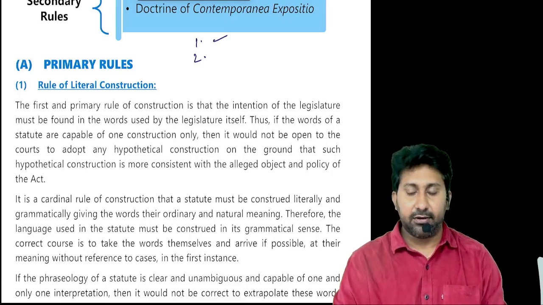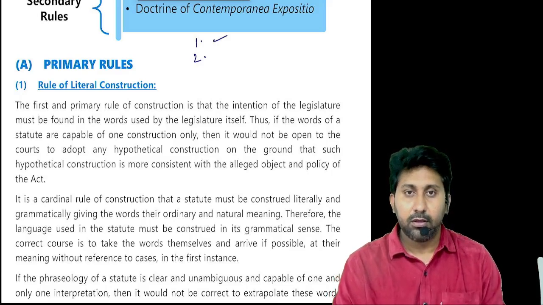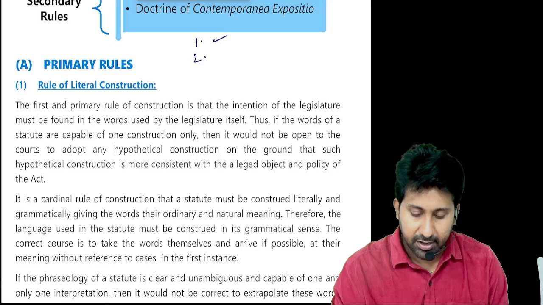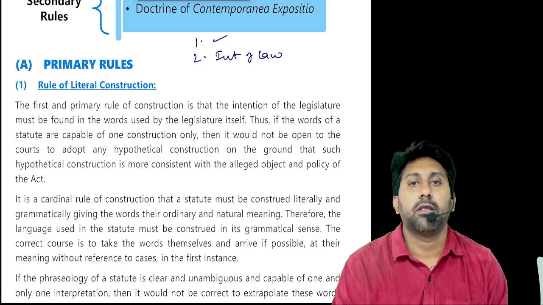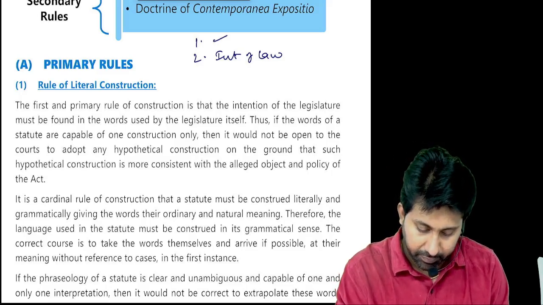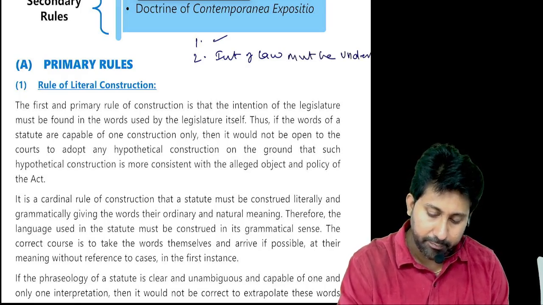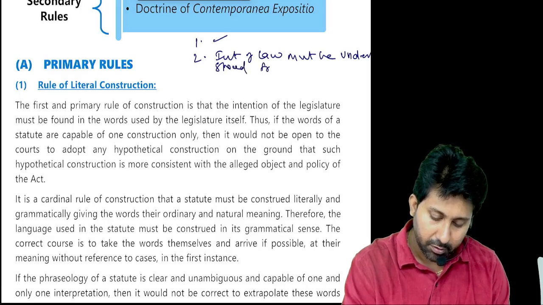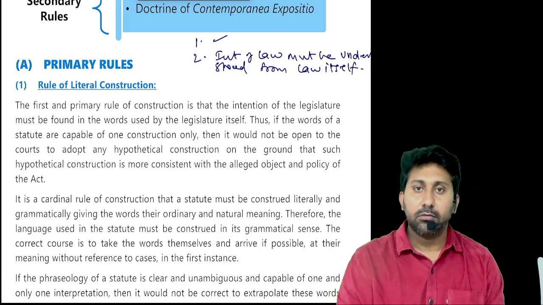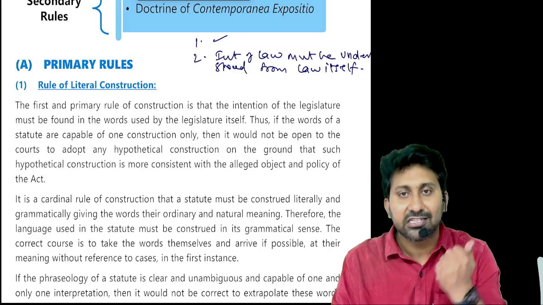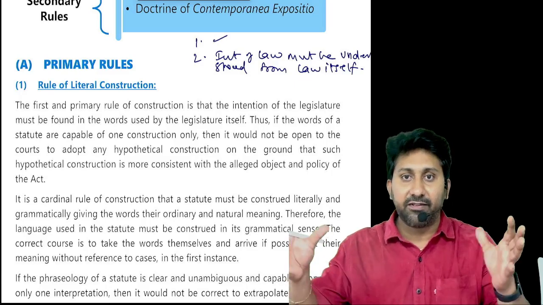This rule says that the intention of law must be understood from the law itself. That means read the law and understand the meaning. Don't go beyond the law and try to do certain new things.